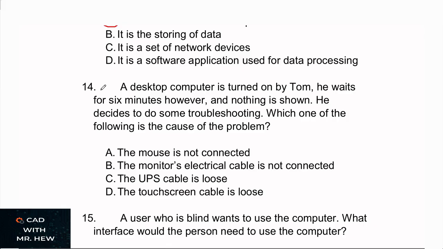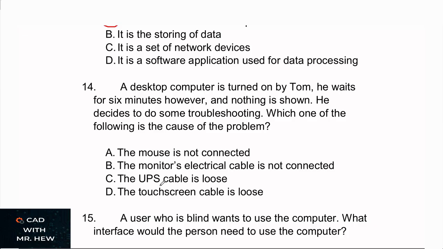All right. 14. A desktop computer is turned on by Tom. He waits for 6 minutes, however, nothing is shown. He decides to do some troubleshooting. Which of the following is the cause of the problem? So we have A, the mouse is not connected. B, the monitor's electrical cable is not connected.